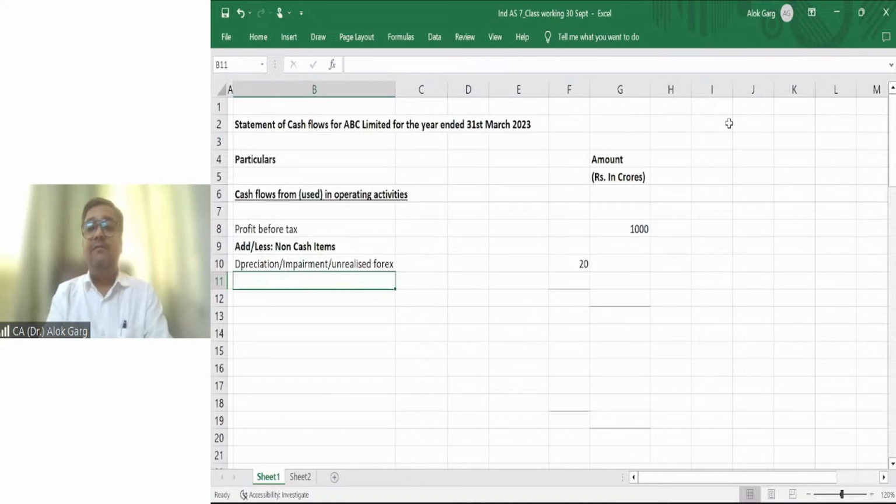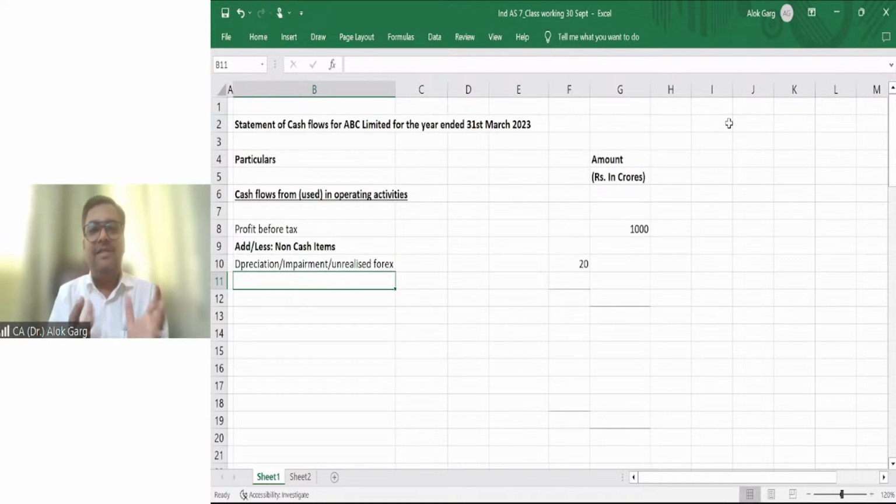Now, friends, since we are talking about operating activities, if any item belongs to investing and financing, it doesn't matter, it is a cash item, but it has to be shown in the other categories. That is why we will reduce it from my profit before tax to arrive at cash flow from operating activity. Is that clear? Sir, what could be the example of this? Interest received.